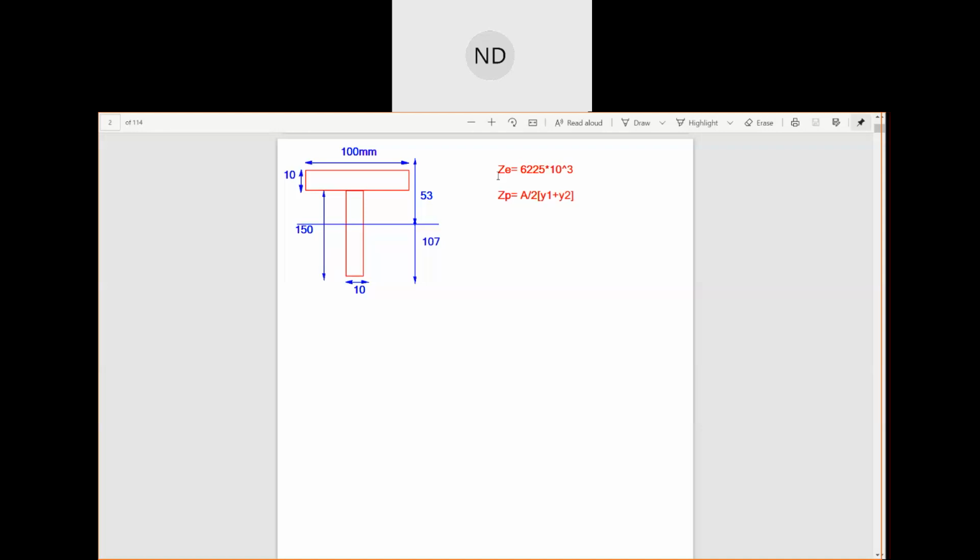We know our shape factor is ZP by ZE. We had calculated ZE in the last class, so now we calculate ZP, and then we can find the shape factor for this T section.